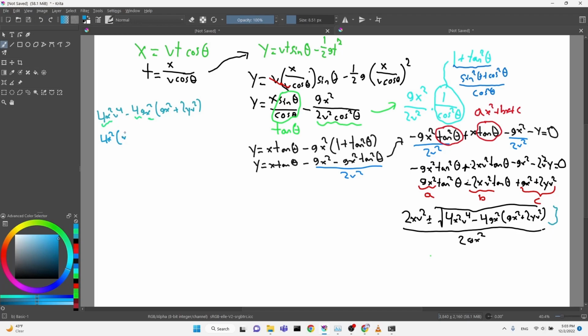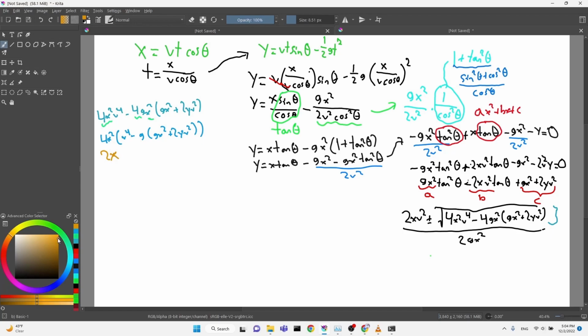And we're left with v to the 4th minus g times gx squared plus 2yv squared. Remember, we're in a square root. So basically, we could move this 4x squared out and turn that into a 2x. That's how square roots work.